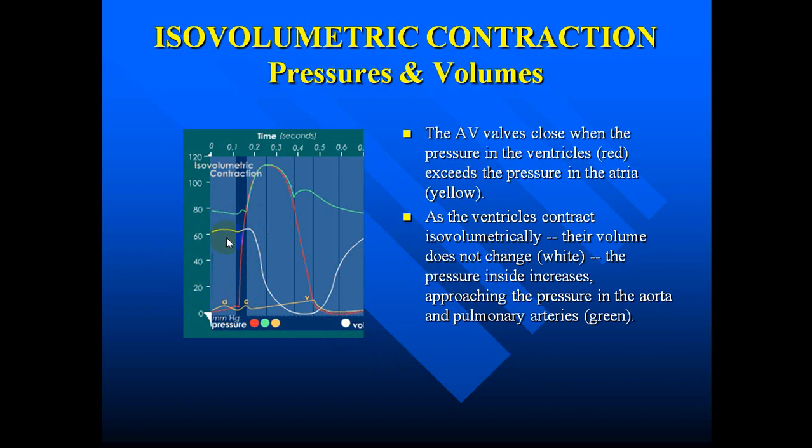This is the aortic pressure, and this is the rate of rising of the pressure inside the ventricle. So in isovolemic contraction, the four valves close, volume doesn't change, and pressure rapidly increases, nearing the pressure in the great vessels.